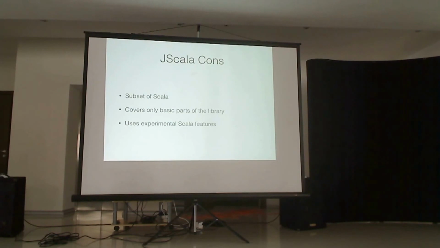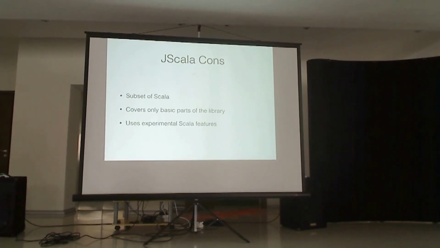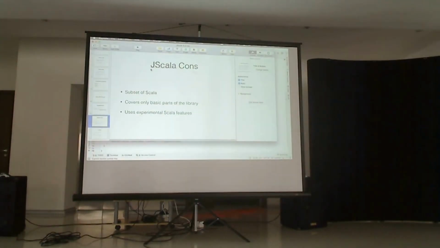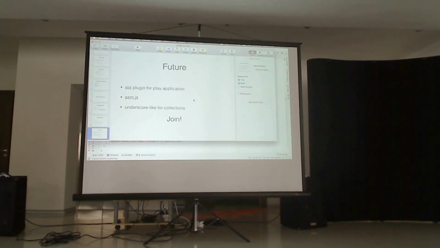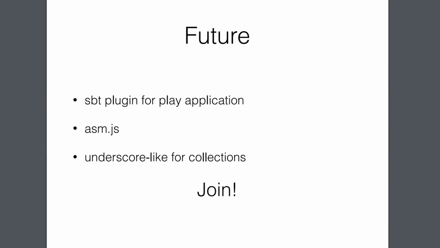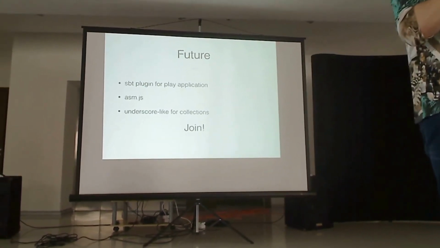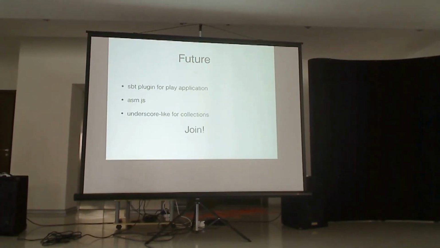And of course, JScala uses experimental features. It's macros, they evolve, they change. So you should use it with caution. Okay, the future development. I've been in this positive feedback loop where I don't do much new development because no one asks me to, because no one uses it.